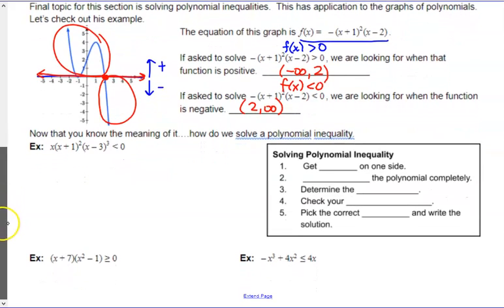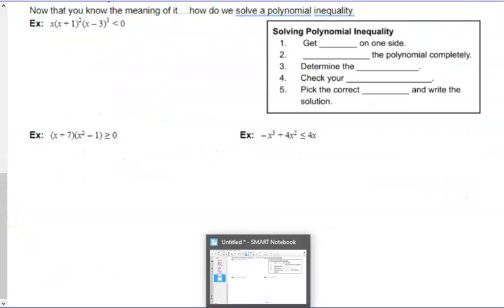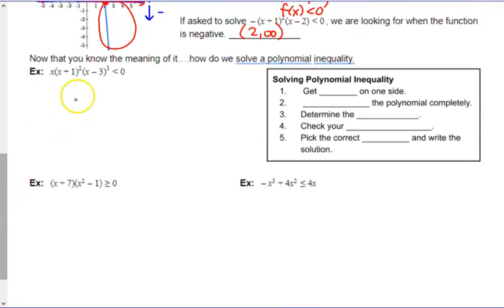Okay, so we're going to use that idea of sketching these graphs to determine where our function's positive or negative. We're going to do 5 steps of that. First, we want to make sure that 0 is on one side. If the function is not factored, you want to factor that so we can get our intercepts across the x-axis.